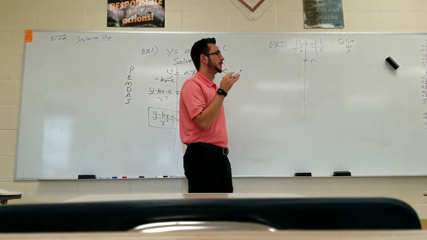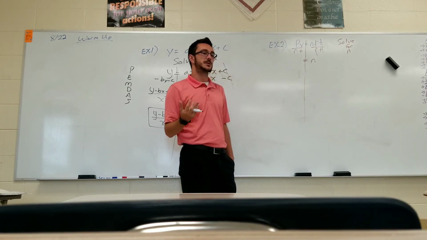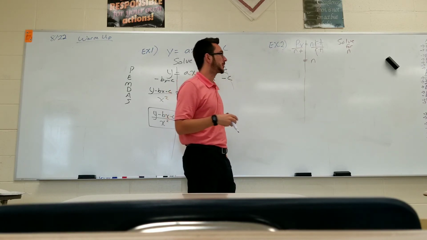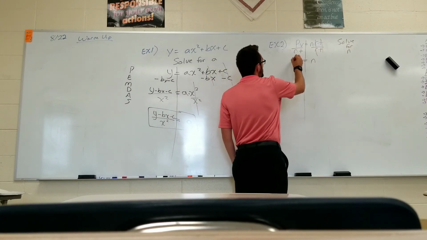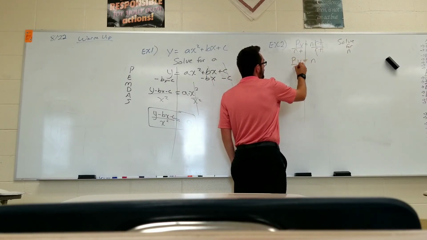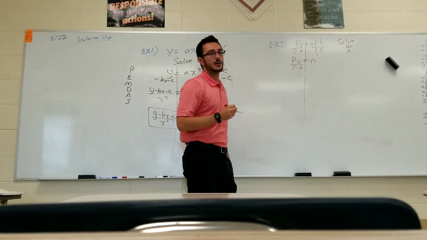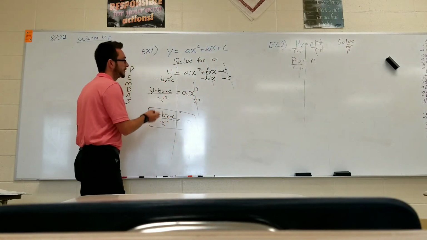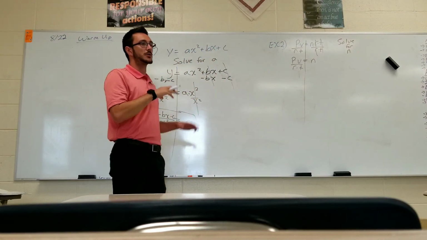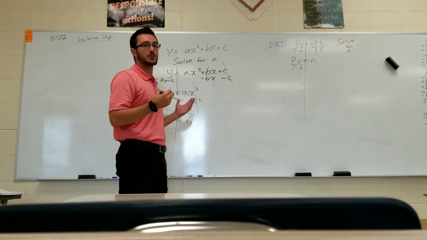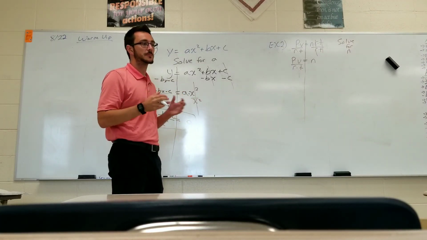Or you could have divided separately and that would take it to multi-step. So this one's how you think about it. I have PV over RT. Again, like my left side over here, if I had values plugged in, that could all simplify and I could have n equals a number or something like that and it would look easier.